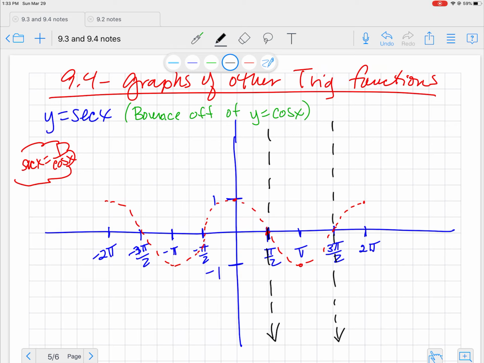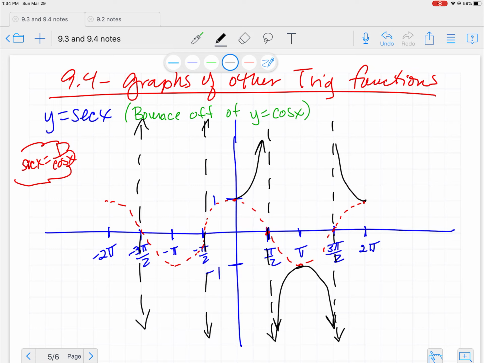So over here, it's the same concept. Whenever I'm having this graph, everywhere I'm at 0, we have asymptotes. And then where I'm at up here at this top, I'm literally just bouncing off of that graph.